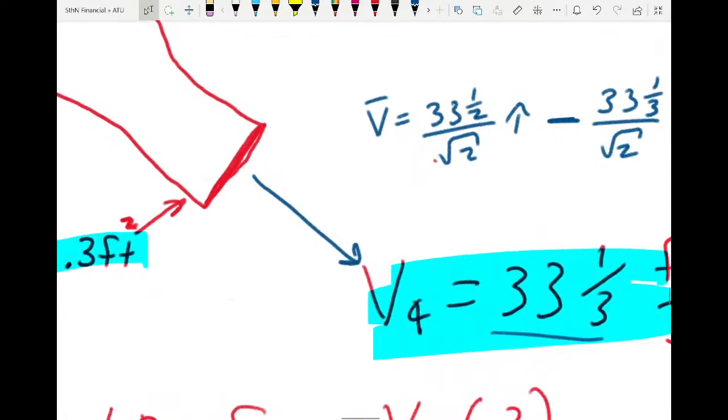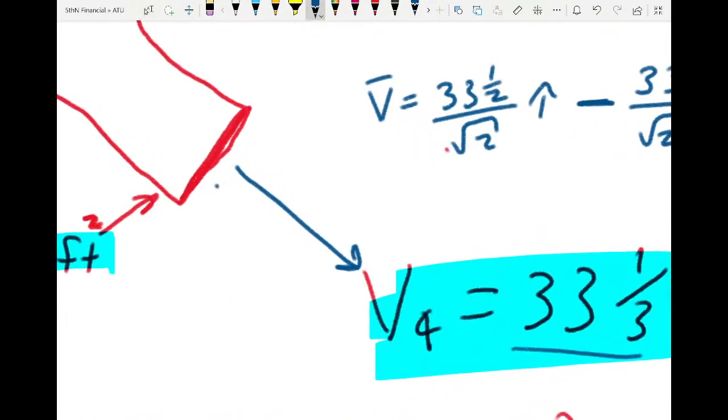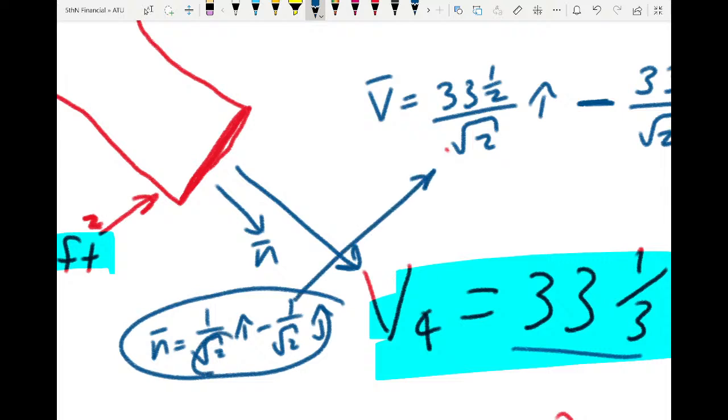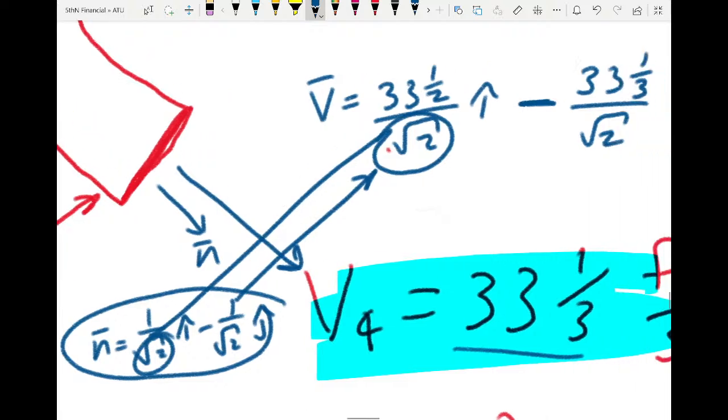There you go. Here's your normal. If I want to be kind of silly, I can say 1 over square root of 2 i plus minus 1 over square root of 2 j. That's the actual normal vector. And if you dot it with that equation, the square root of 2 comes up and hits this square root of 2, gives you a half.